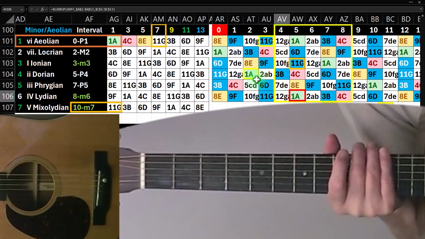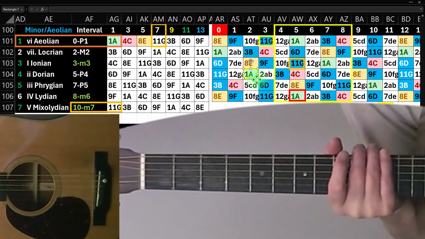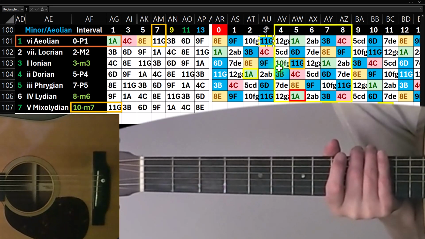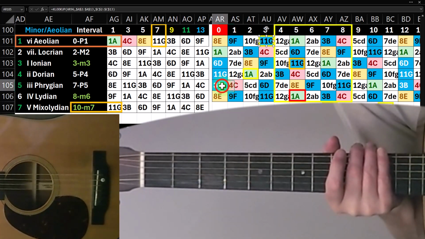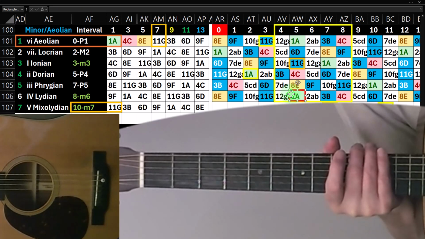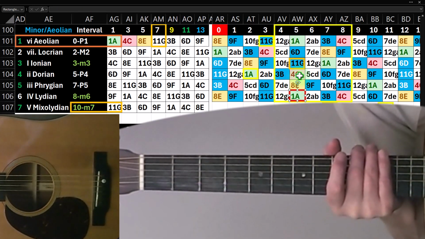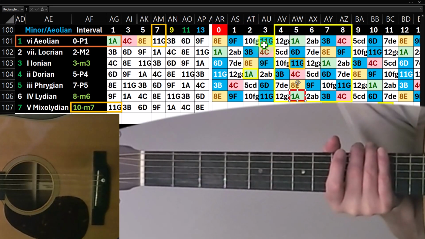So that means that the general rule is if I go up 3 strings, the 10-note away minor 7 will be 1 fret forward unless I cross the fault line, which would happen if I start on either the bottom B or E string, in which case if I go up 3 strings and cross the fault line, the 10-note away minor 7 will be on the same fret. Okay, let's go to the next one.